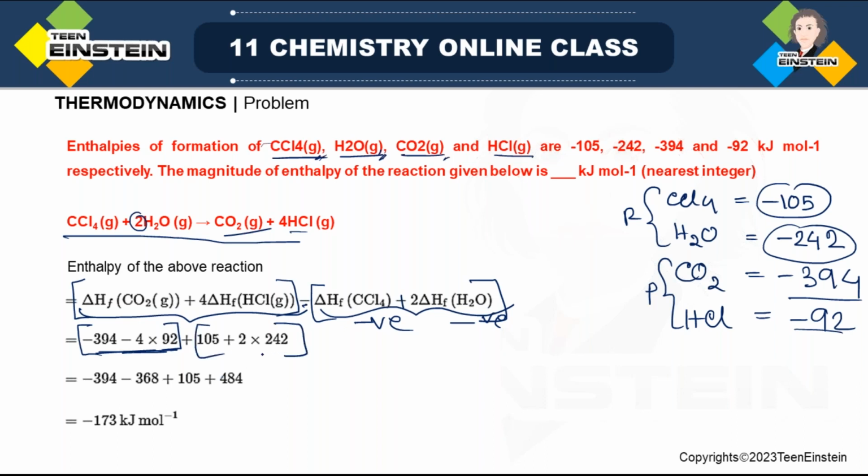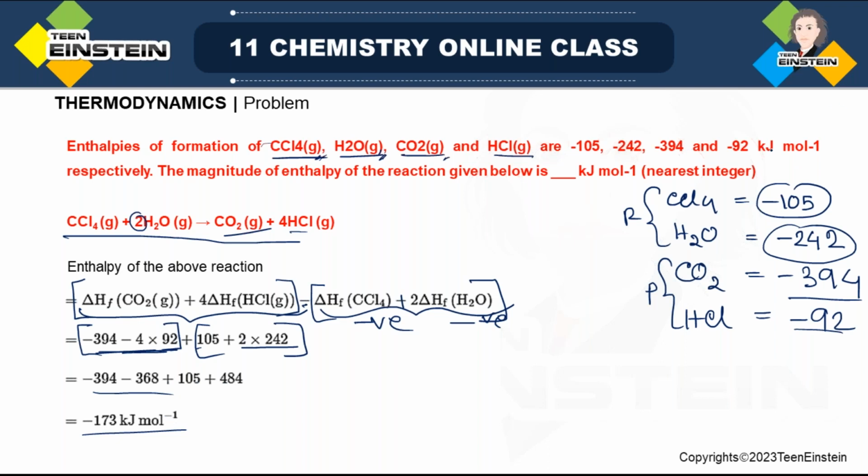So 105 for CCl4, it is only 1 mole, so there is no coefficient to multiply, but for water you have to multiply 2 with 242. Once you are done, you will get the final value, minus 173 kilojoule per mole.